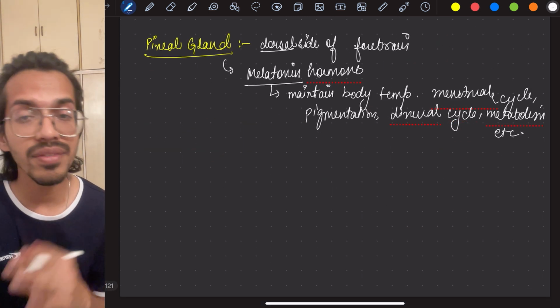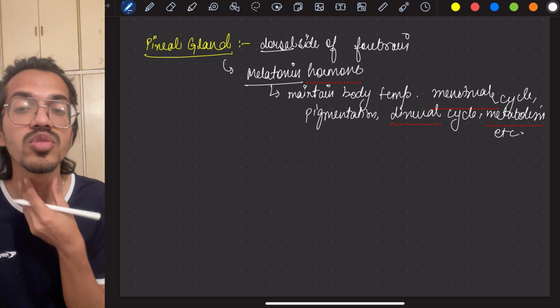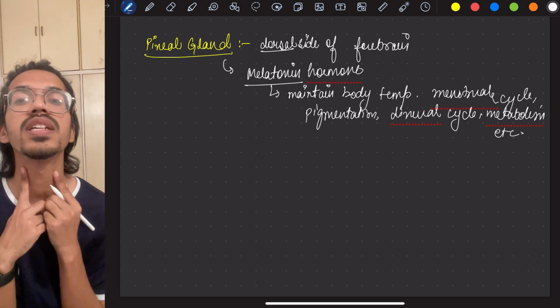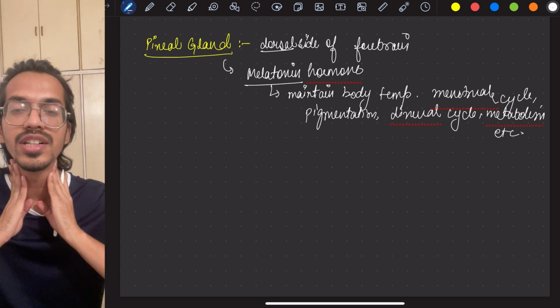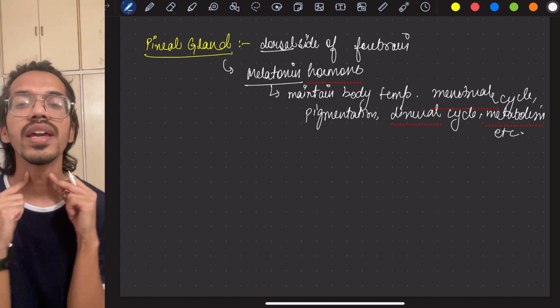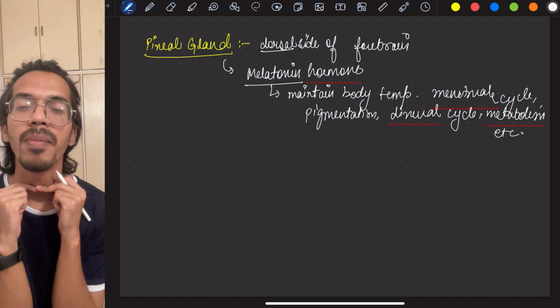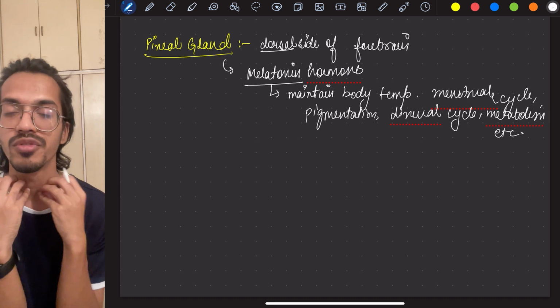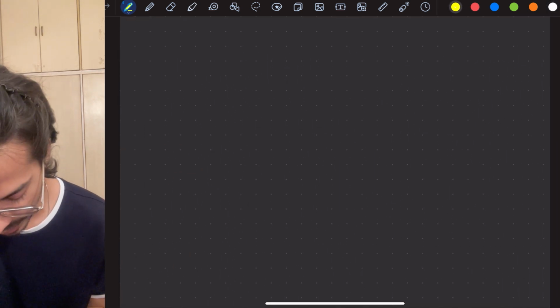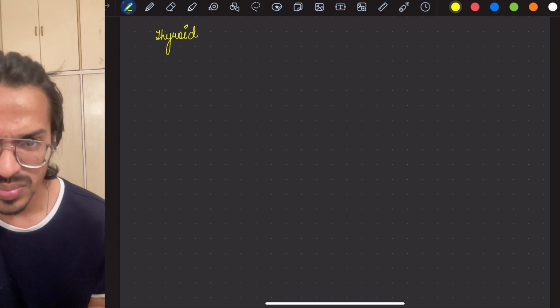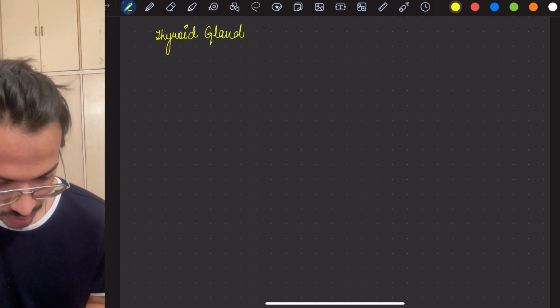After the pineal gland we come to the next gland down. This is our thyroid gland, which is present over here. Now the thyroid gland is present laterally and ventrally. After the pineal gland we have the fourth gland, that is the thyroid gland.